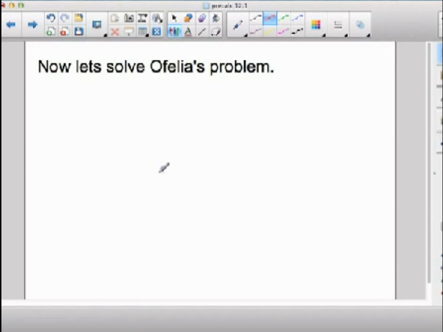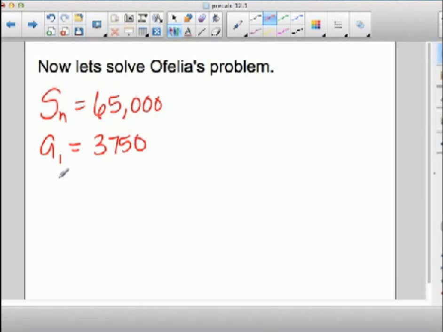Now we can solve Ophelia's problem. She has her S sub n equal to 65,000. So she wants all of these things added up to be 65,000. Her first house is 3,750, and the common difference is 500, right?